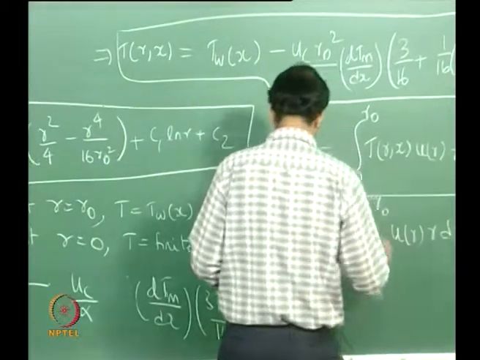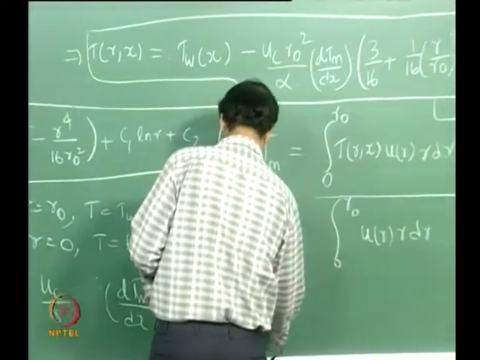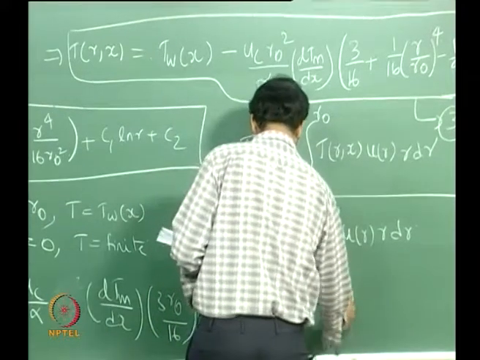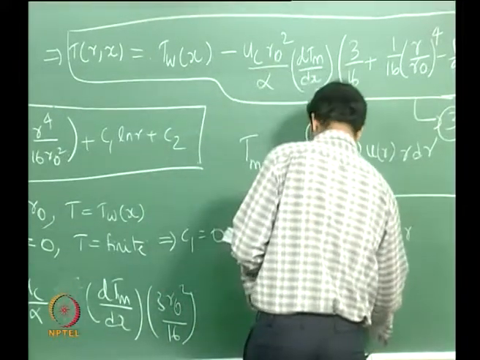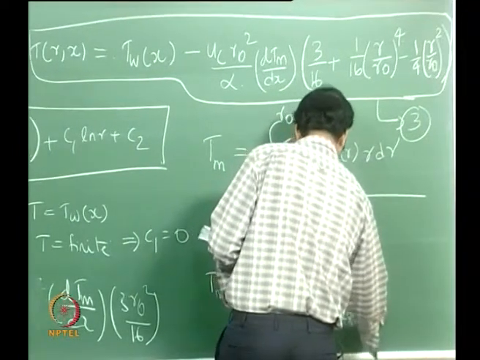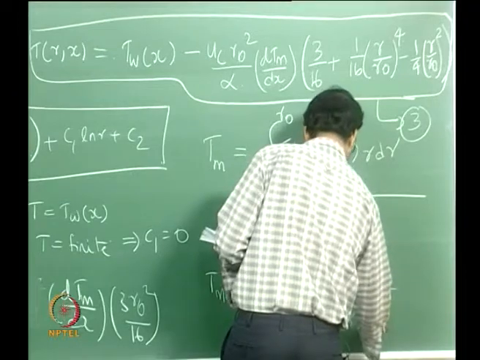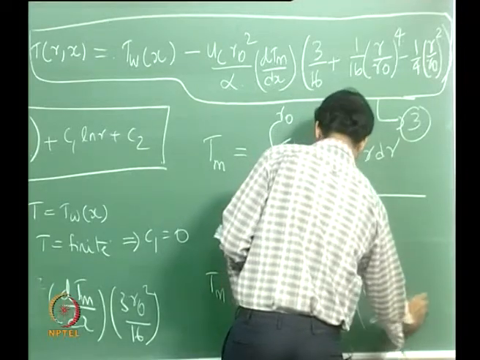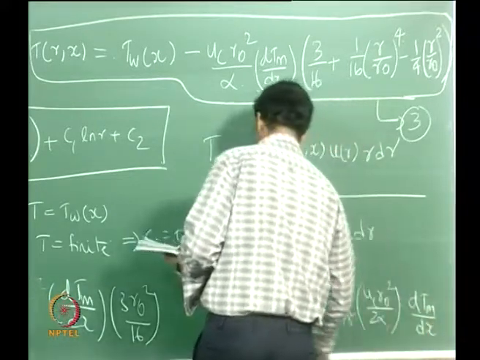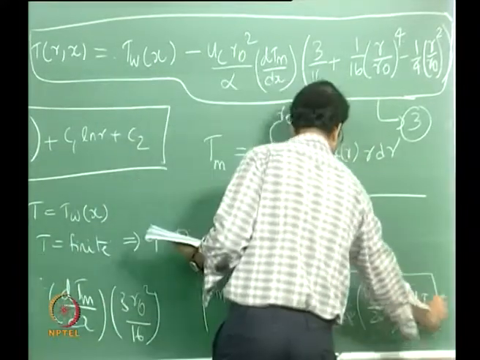but finally if you do that, the expression for Tm comes out as T wall of x minus 11 by 48 into UC r naught square by 2 alpha into dTm by dx. Let us call this number 4.